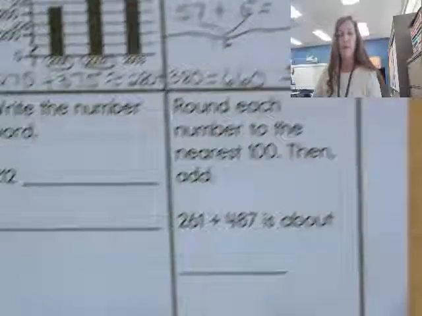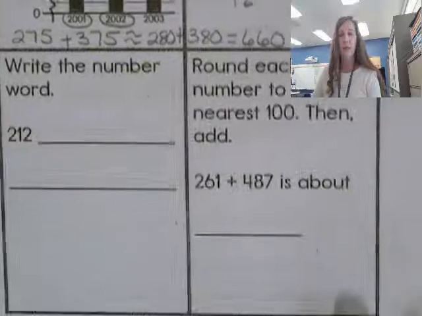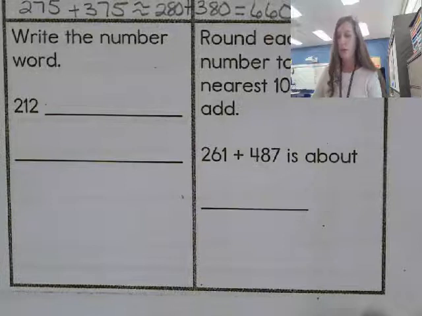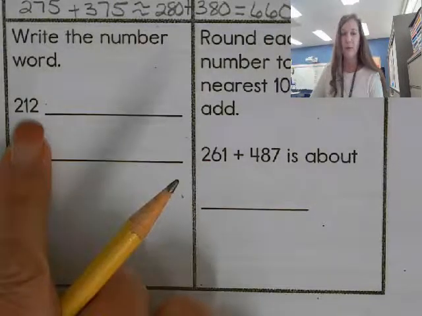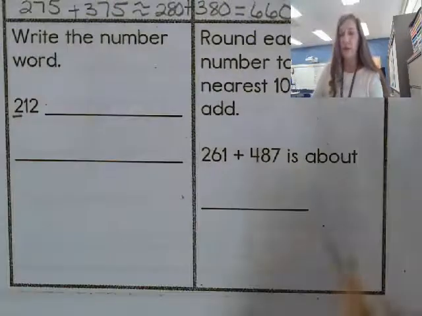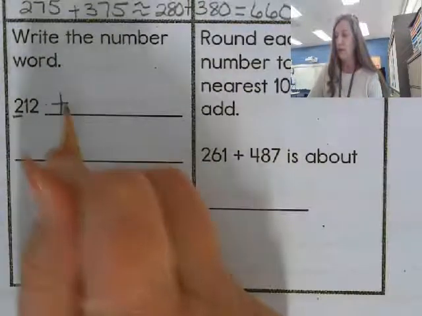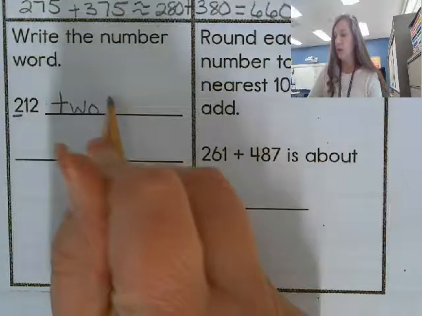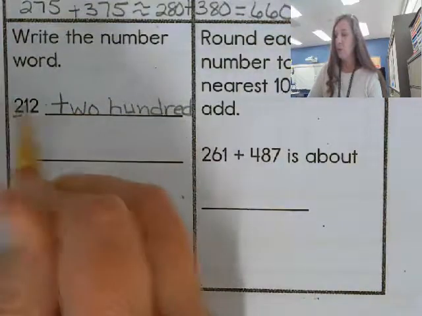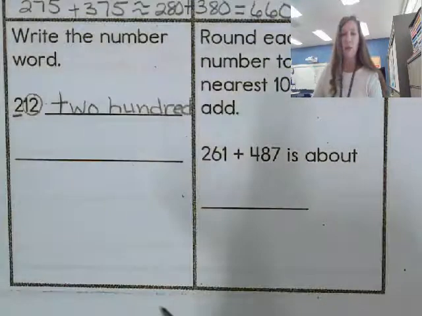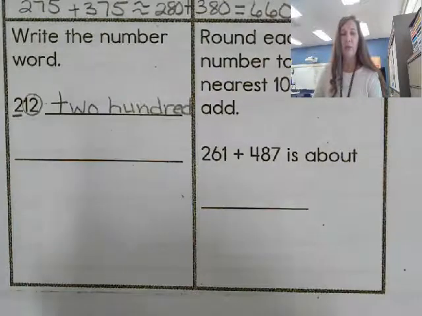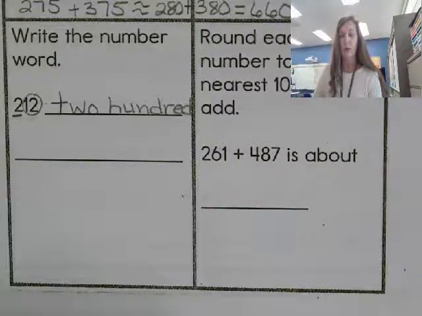If we look at our next group of problems, we have write the number as a word. So this number is 212. We're going to write it as a word, and we start with our hundreds, so we can write the number in words: 200. 12 we write together because once we get to 20, then we start breaking it apart as 21 or 22.